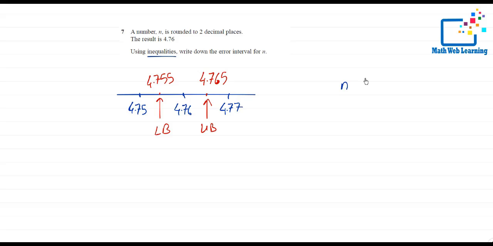N, this side here, has to be less than this number. So this number will not be included in the possible values, because if we rounded 4.765, it would round up to 4.77. All right, so we're going to say strictly less than 4.765, and write it down properly.